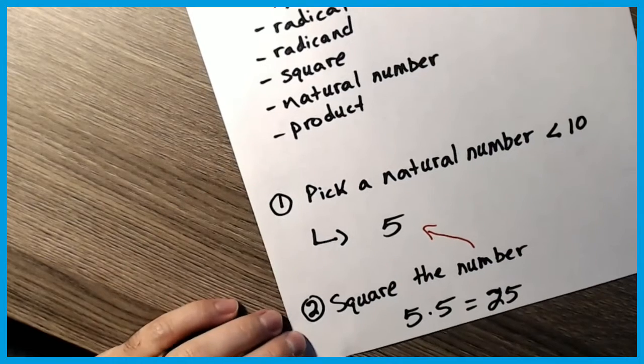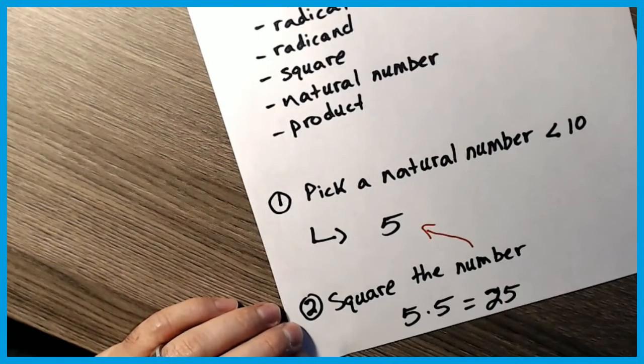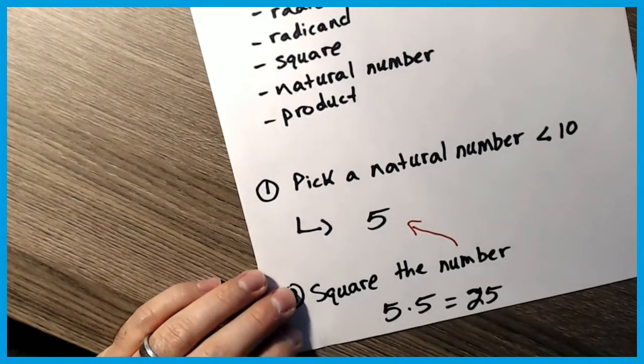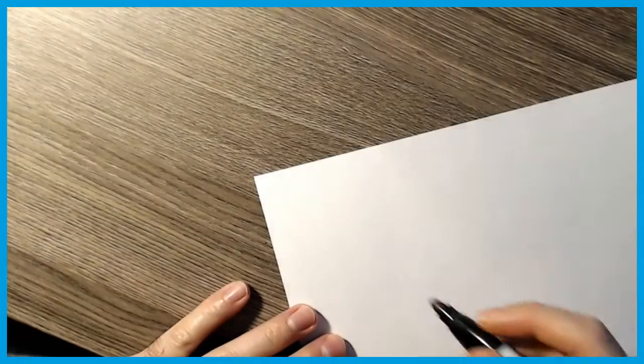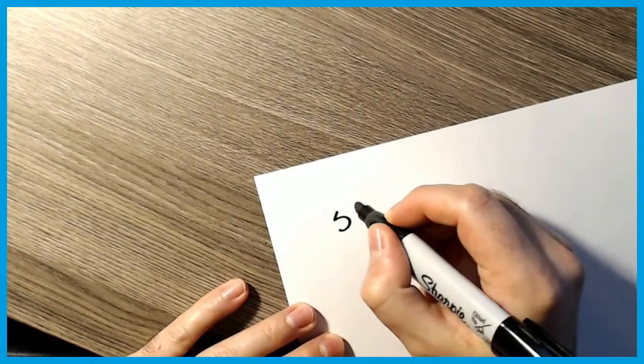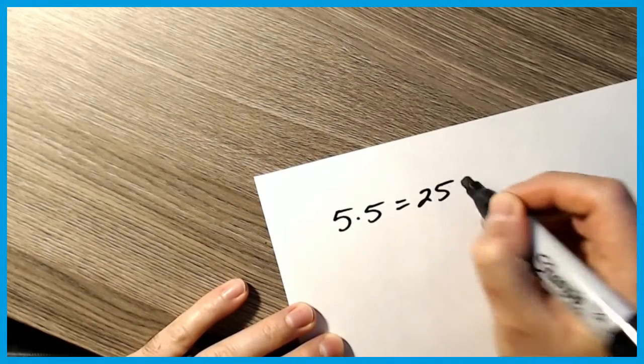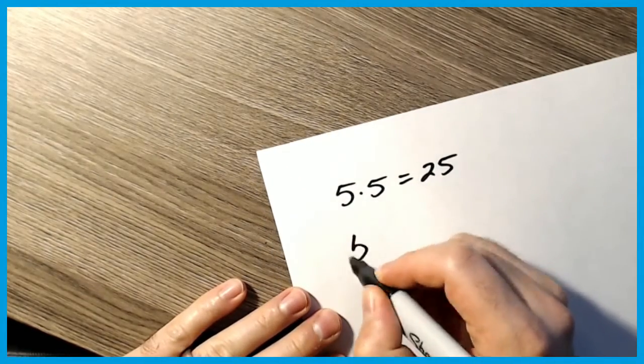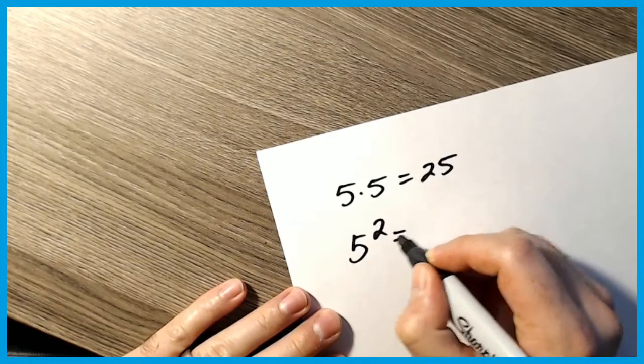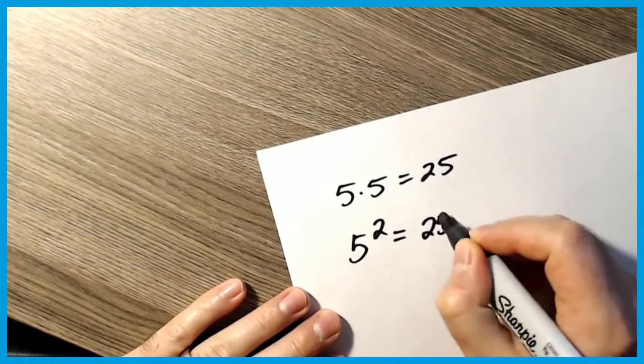Now, oftentimes in algebra, what we will wind up doing is, instead of saying 5 times 5 is 25, we will actually say 5 squared equals 25.